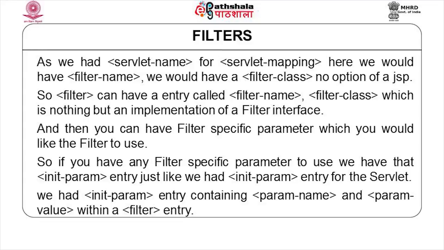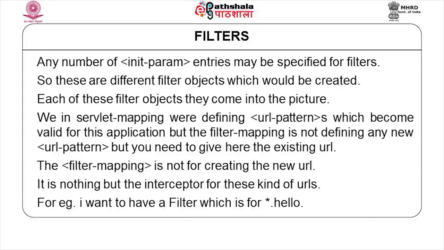These are different filter objects which would be created. They are not resources. When we put a servlet mapping entry, we were defining the URLs which become valid for this application. The filter mapping is not defining new valid URLs. What you need to give here are URLs which already exist.